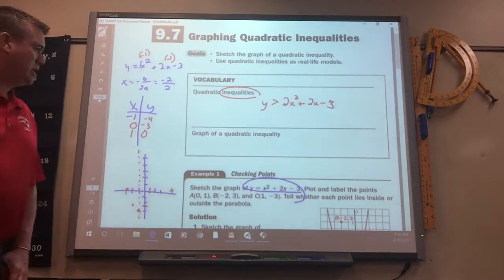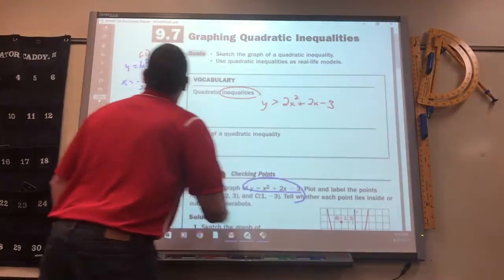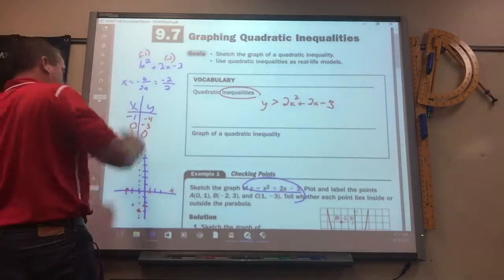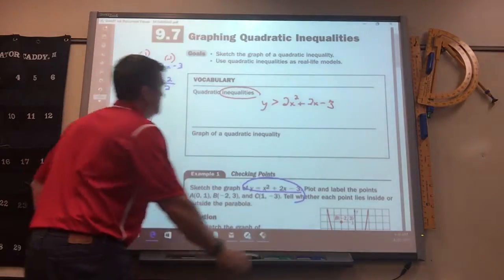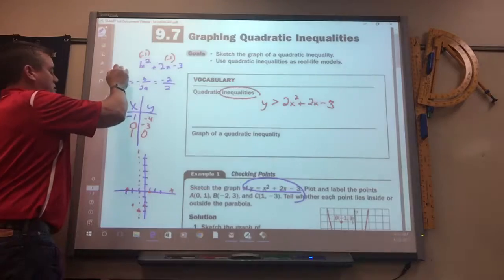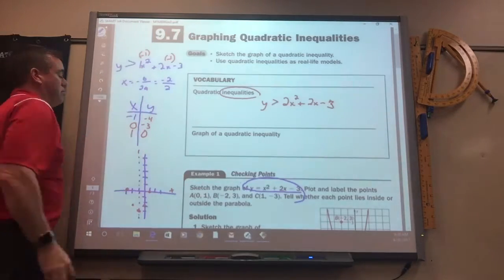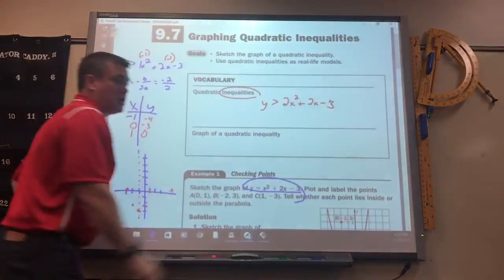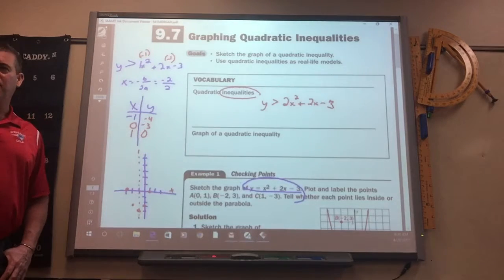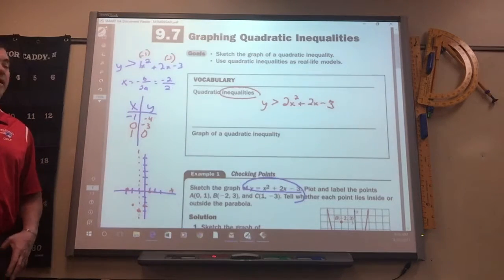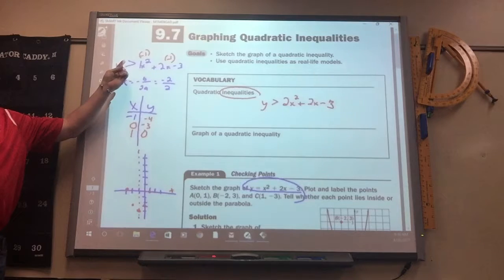Now here's where it's going to be a little different. Instead of equals, it'll be an inequality. We'll do greater than. So, just like when we graphed linear inequalities, your line's either going to be solid or dotted on these.